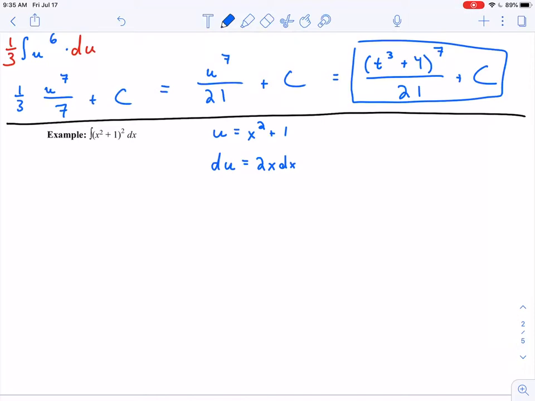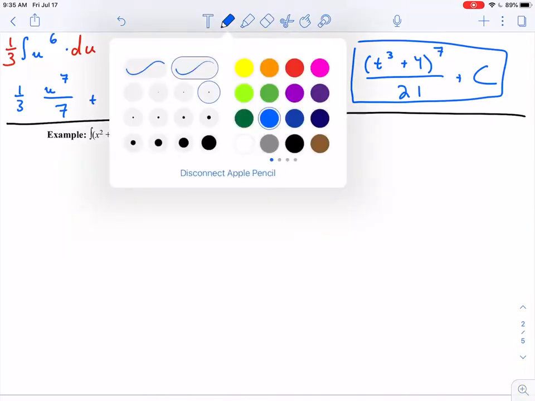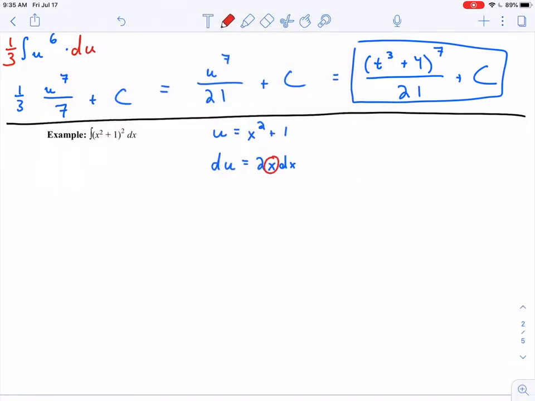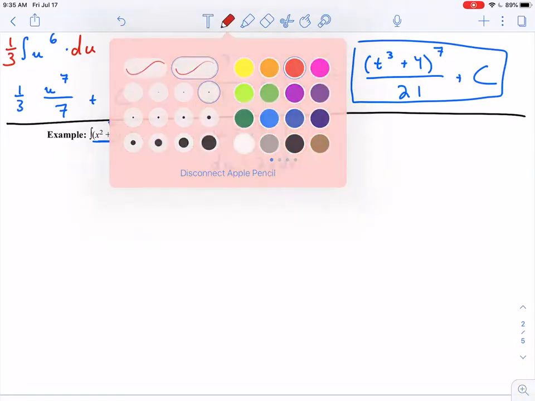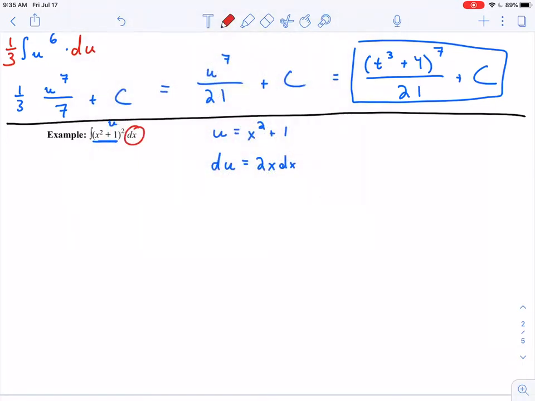We actually have a tremendous problem right now. And I'll circle it. It's this guy right here. Because I know x squared plus 1, this is my u. So this is u. All I have left over to substitute for is dx.